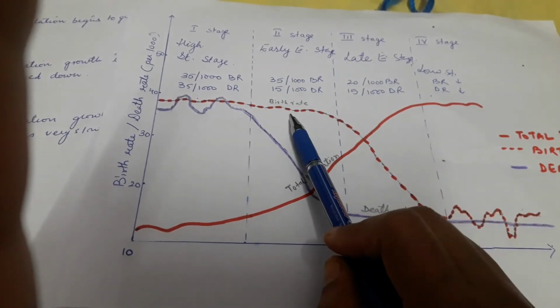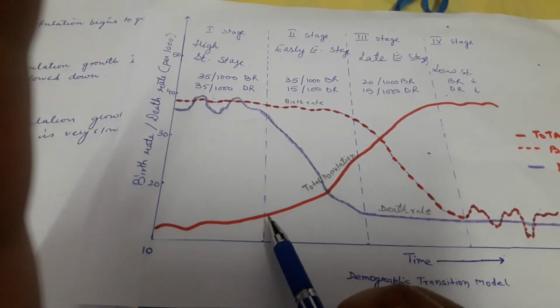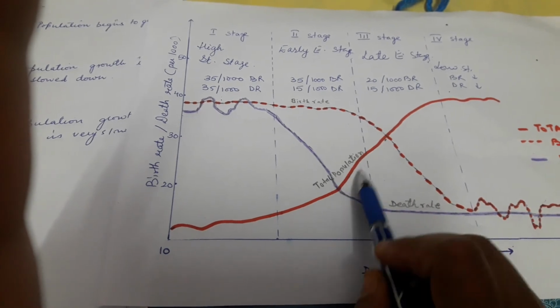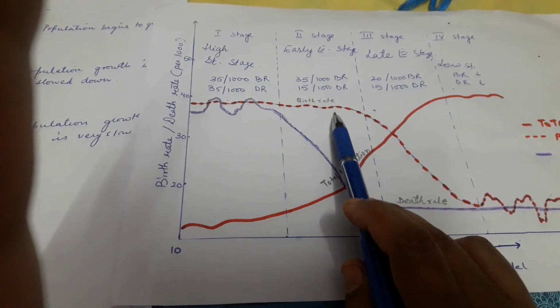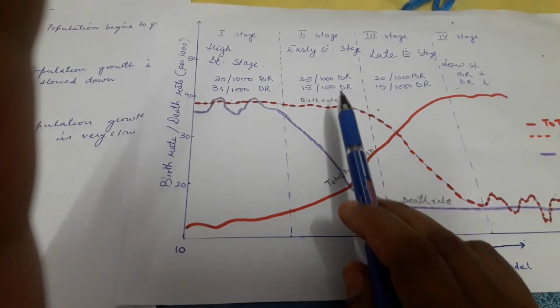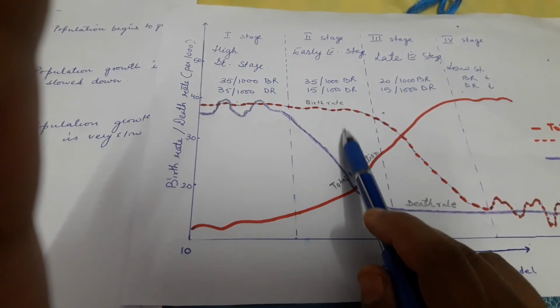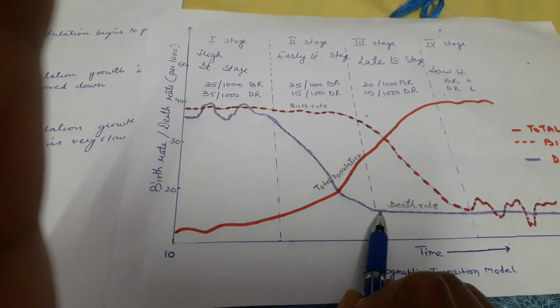So because of this, we can say that the population is drastically changing its structure. How is it changing its structure? Because the death rate has fallen and the birth rate has remained the same. Because of the medical facilities, the death rate has become low.